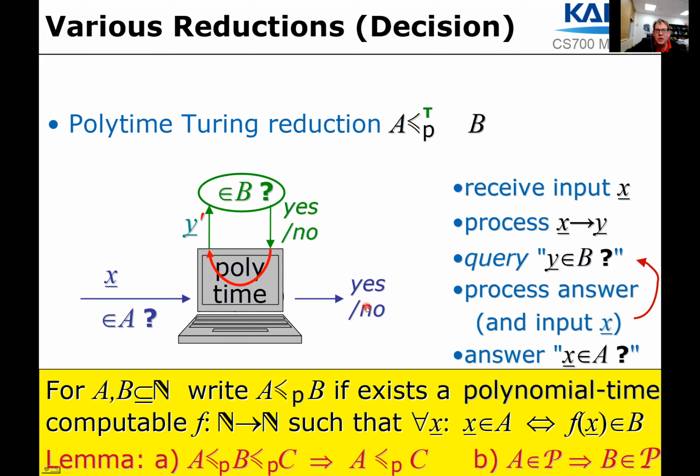And for repeated Turing reductions, the algorithm can repeat that process, can cycle, can process the answers to come up with new queries. You see here y prime repeatedly, as long as that happens only a polynomial number of times.